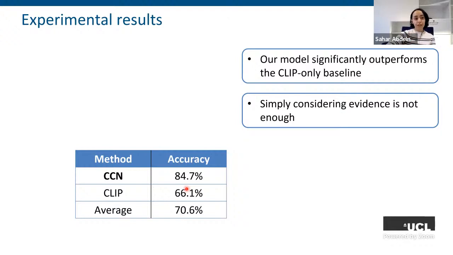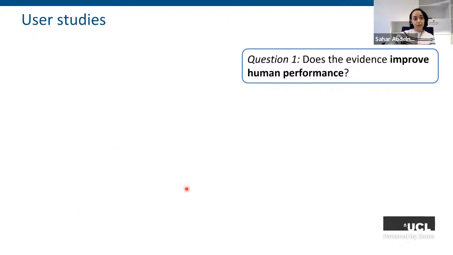Okay, so the main other thing that I will talk about now are user studies. So we performed some user studies in order to answer some questions. So the first question that we had is, does the evidence that we got really improve human performance? So it seems like it improves the machine performance in detection, but is it also helpful for humans in order to identify mismatches?